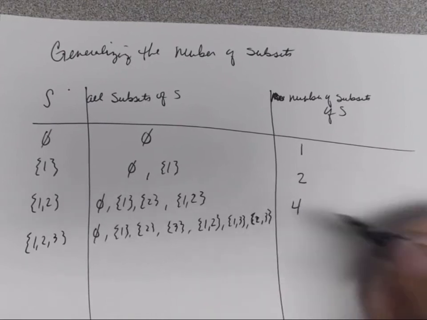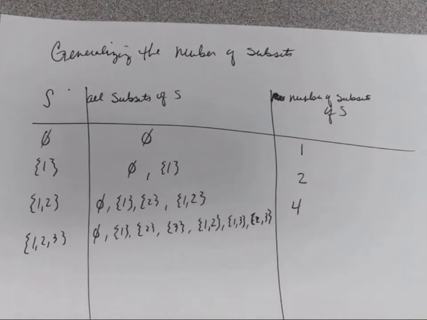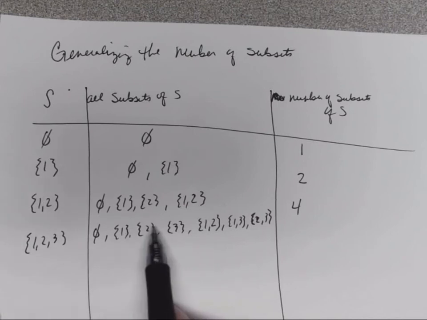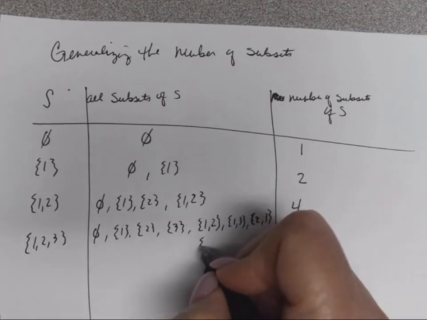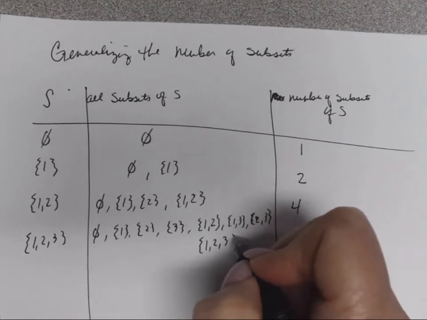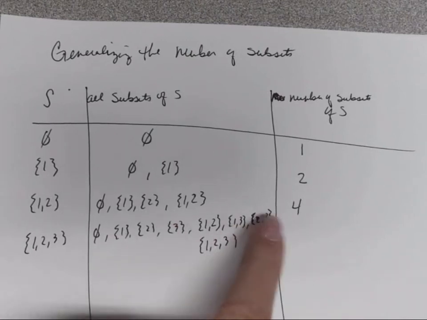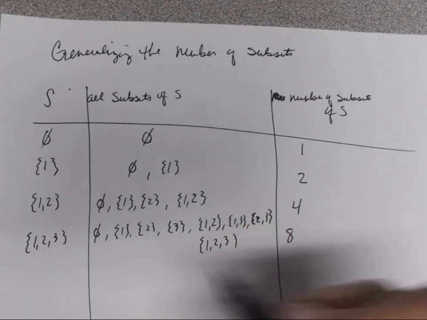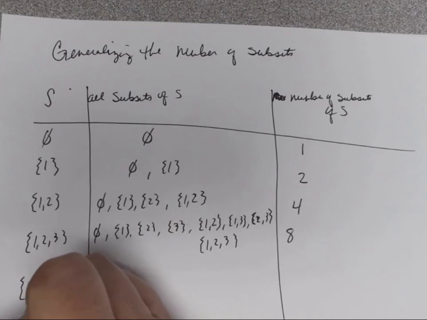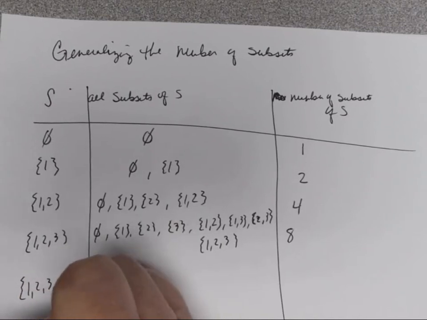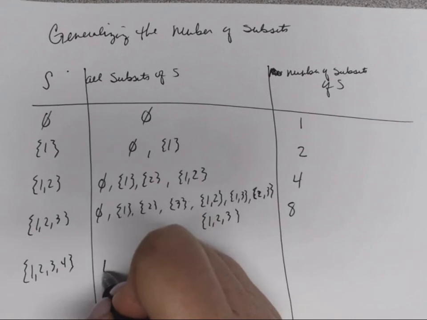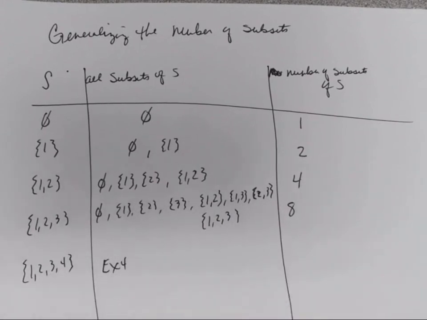Make sure you use curly brackets, not parentheses. Then we have the one with all of them. So we have 1, 2, 3, 4, 5, 6, 7, 8 sets here. Now, if we look at the one that has 4 elements, which we just did, I'm going to write example 4, because this is example 5.